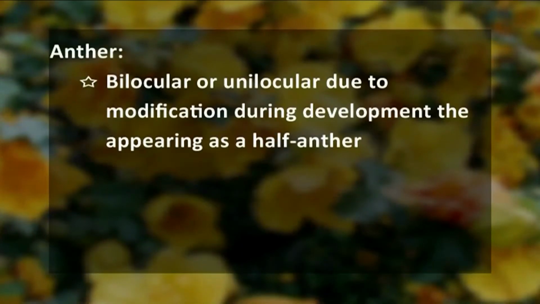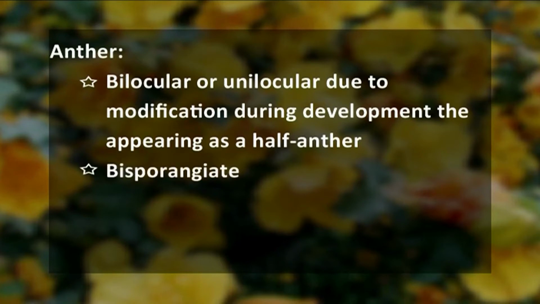The anther is bilocular, or it may appear as unilocular. How does it appear as unilocular? Because during the development of the anther, there is some modification in this bilocular anther, and it appears as a half anther. That's why the overall anther appears as unilocular.